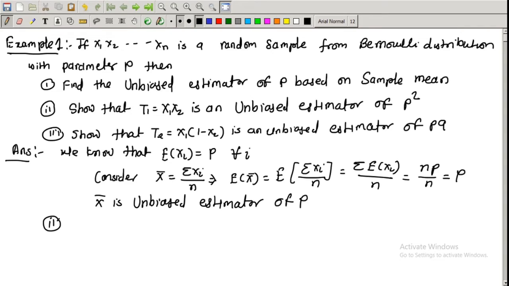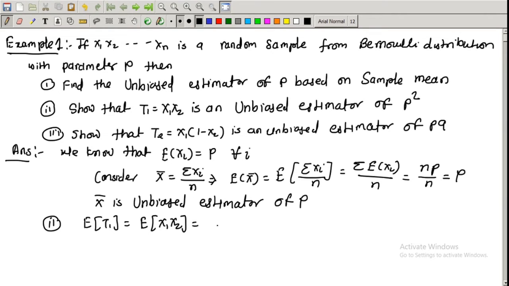So in the second part, we have to show that T1 is equal to x1 into x2 is an unbiased estimator of p square. So expectation of T1 is equal to expected value of x1 into x2. x1 and x2 are independent because they are random.